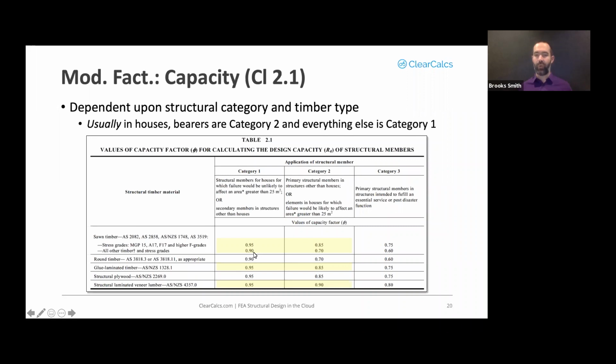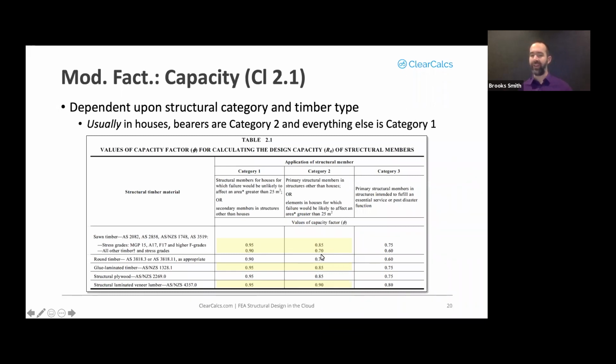Look up in this table what your phi factor is. You'll notice that for category 1, they're all 0.95 or 0.90, depending on the grade of timber that you're designing. One thing I'll point out here, though, for category 2, for your bearers, you have a phi factor of 0.85 if you have an MGP 15, F17, or higher grade.